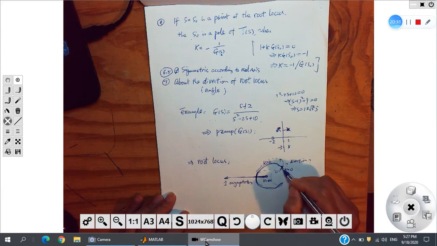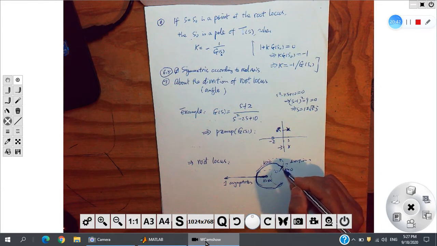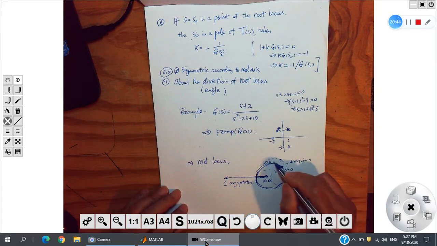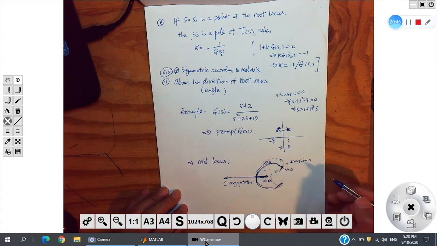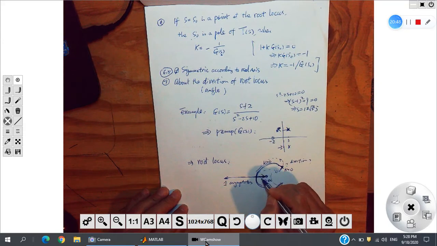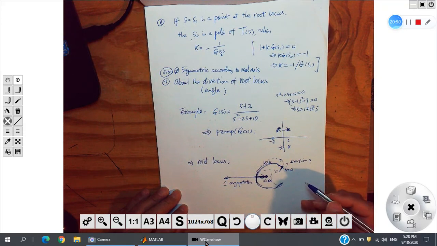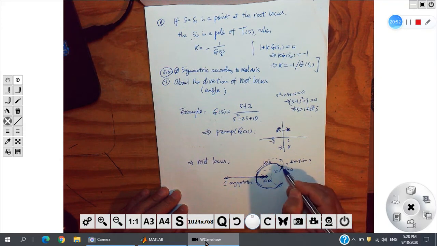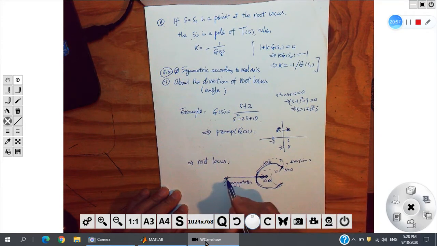Now we want to know the direction here. We call this the departure direction, and here is the arrival direction. So first of all, we need these two directions. For the asymptotes, no problem. It will go to infinity, like here.